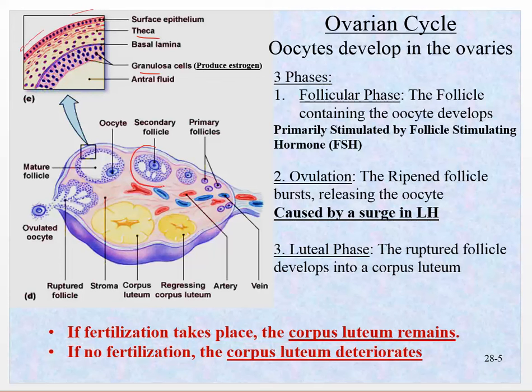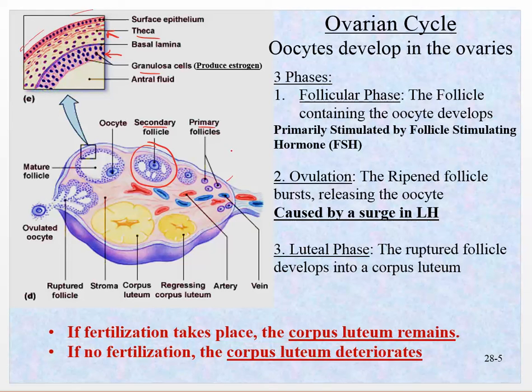I don't care if you know whether it's secondary or primary. They've named them because of the different stages, but all you need to know is that they are developing. They start out very small and they grow, getting larger and larger. And the whole time, these cells surrounding it are producing progesterone and estrogen.